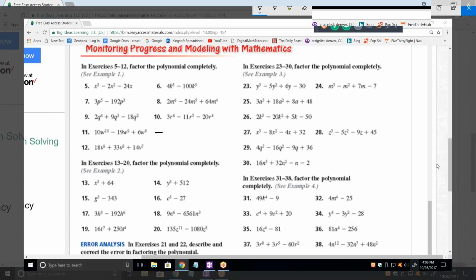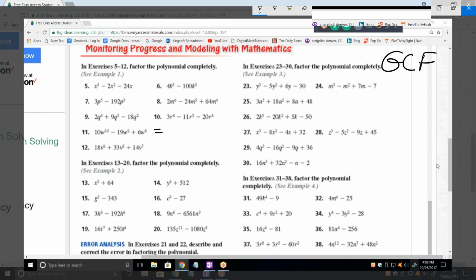So, first rule on factoring. What are you looking for? Common denominators. Greatest common factor. GCF is the very first thing you always look for. Always.